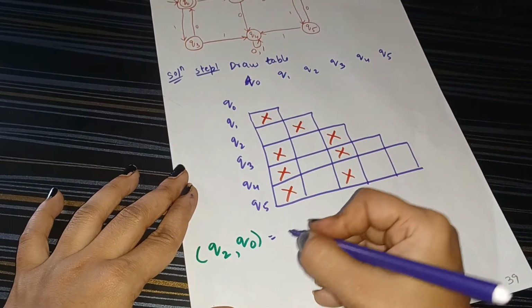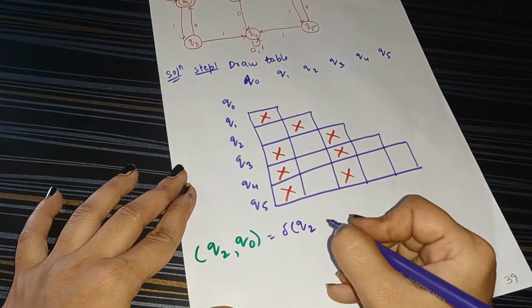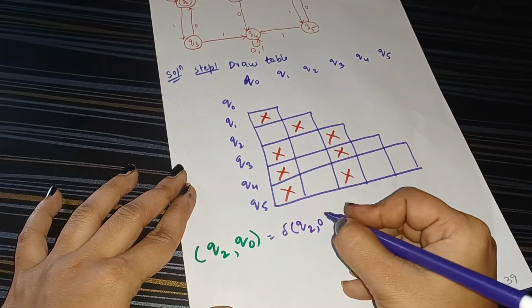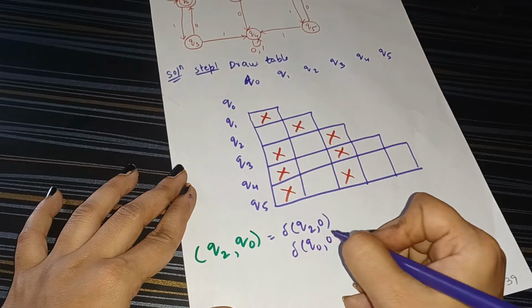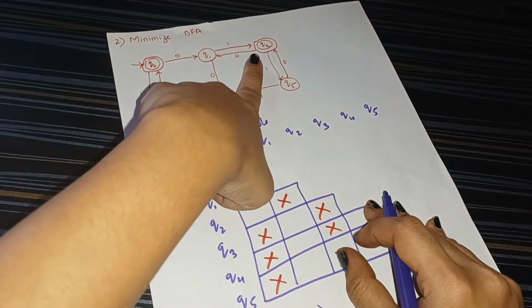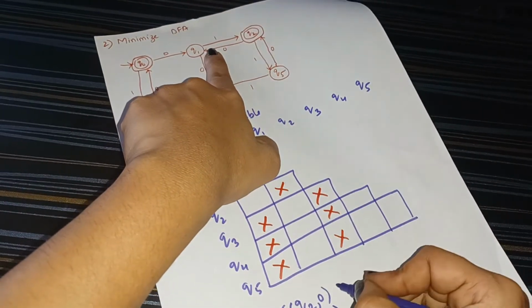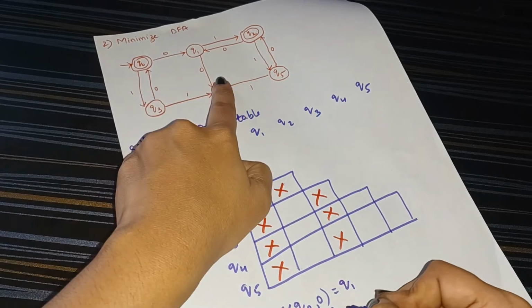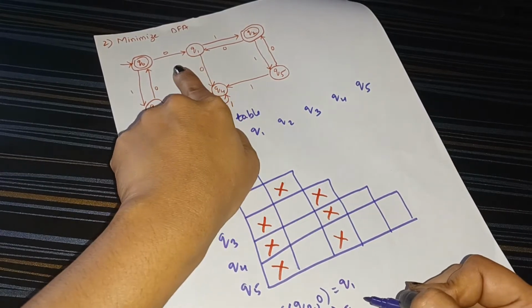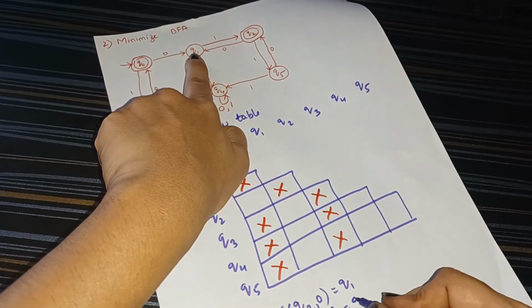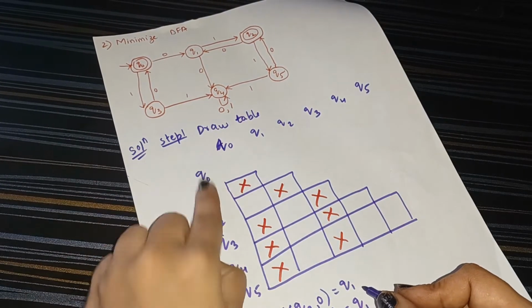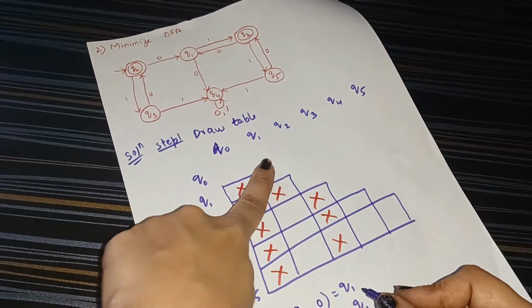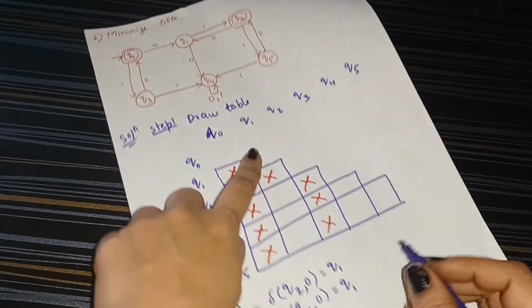Here, transition of Q2 on 0 and Q0 on 0: Q2 on 0 is going to Q1, and Q0 on 0 is going to Q1. We have to check whether Q1, Q1 is marked. Since it is the same state, no transition pair occurs, so we will not do anything.